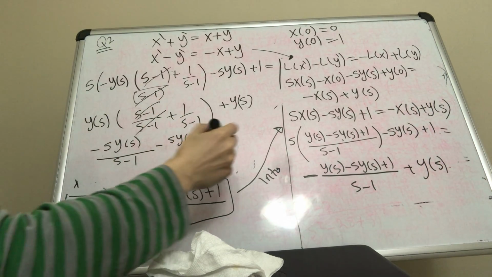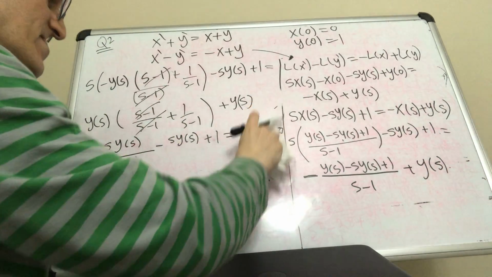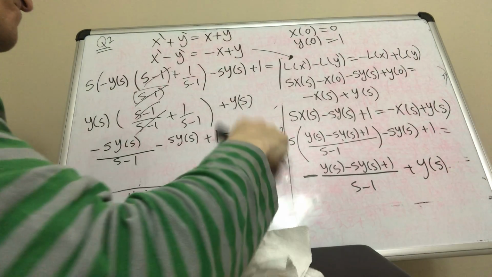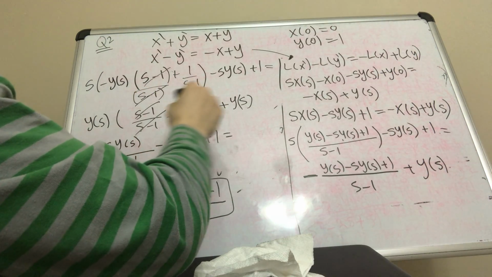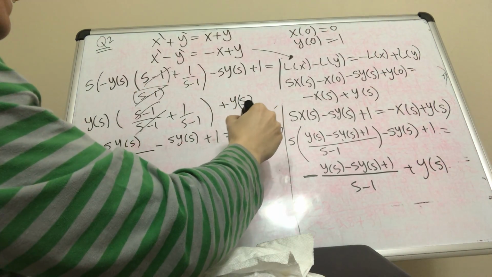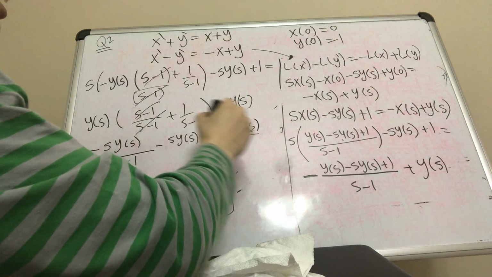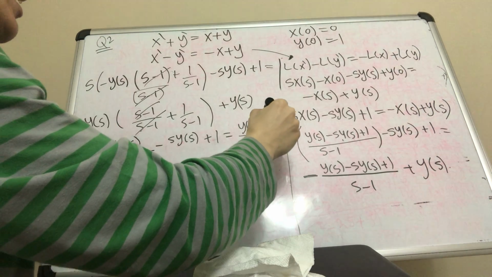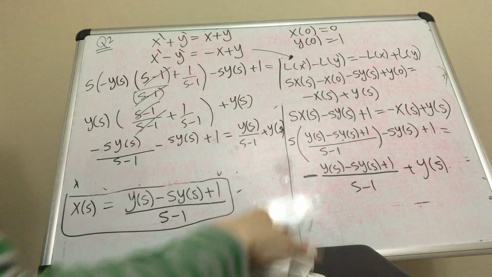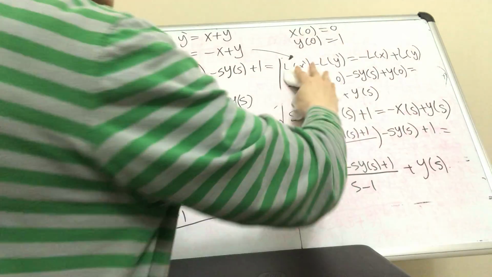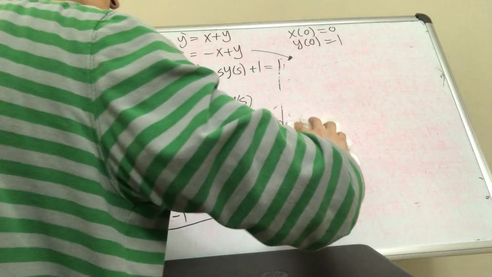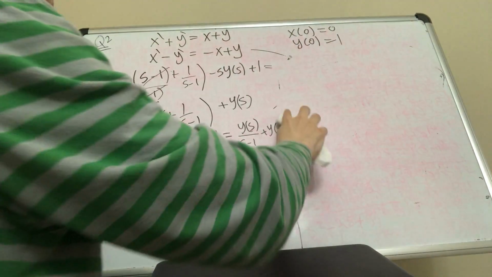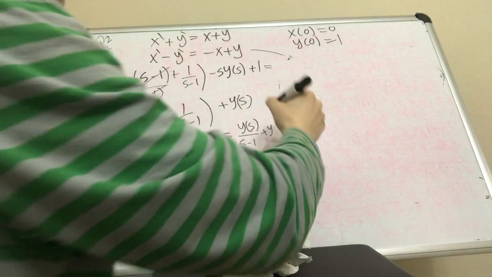On the other side, you have y of s over s minus 1 plus y of s. Again, a lot of simplifying involved.